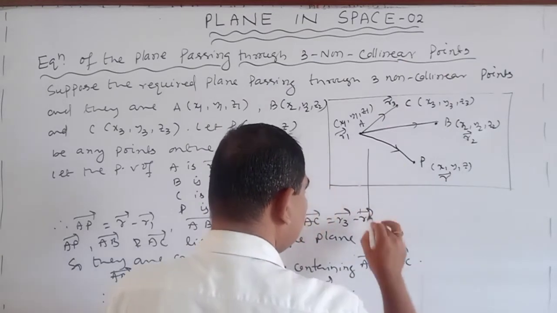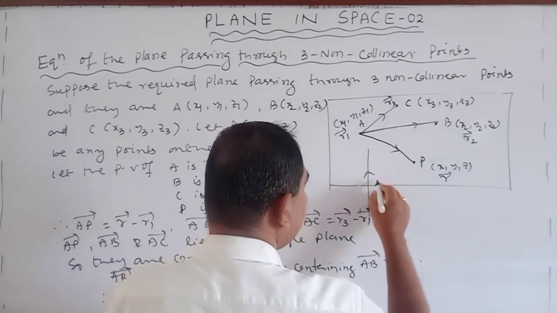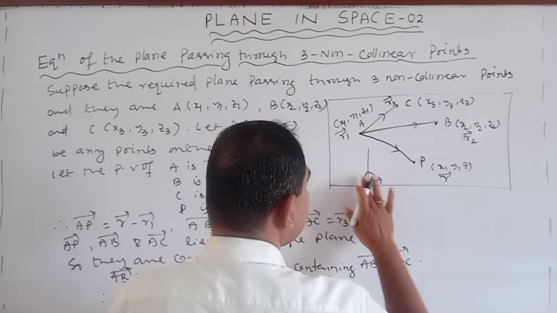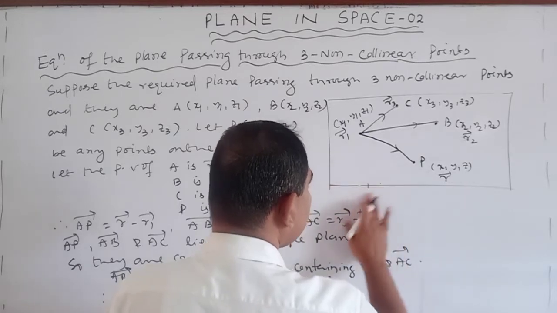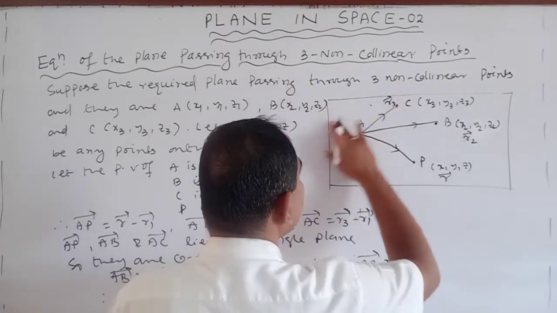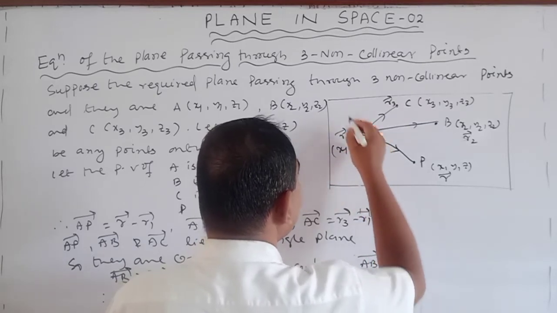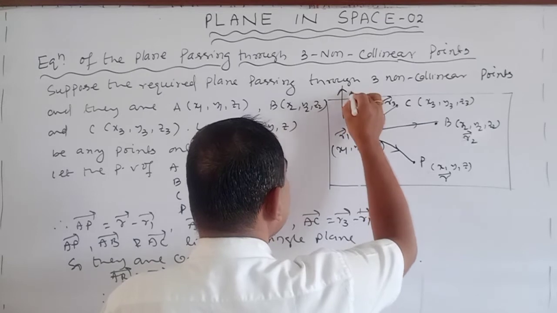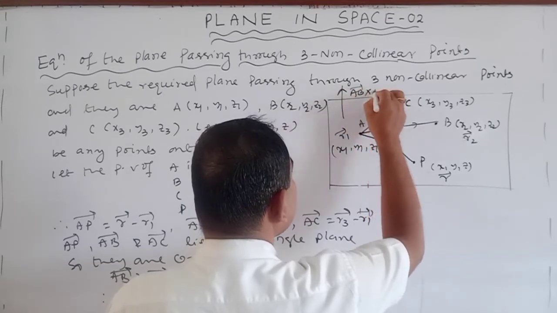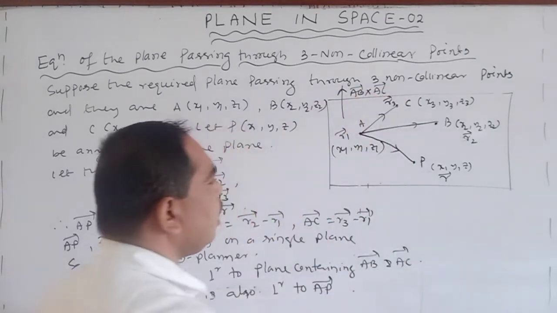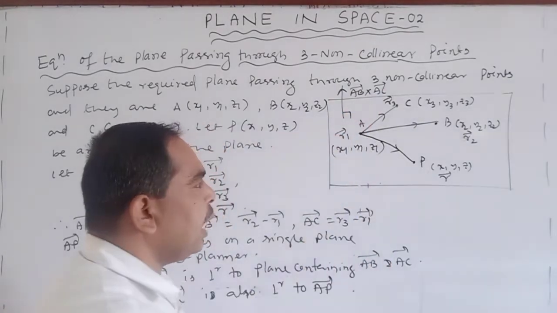ठीक अच्छे. तो this is AB cross AC ऊपर उठा था. X1 Y1 Z1 यहाँ पॉइंट है. This is AB cross AC. तो AB cross AC perpendicular to कौन? प्लेन.